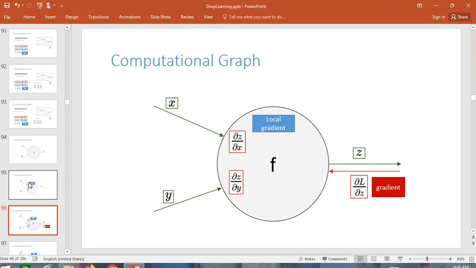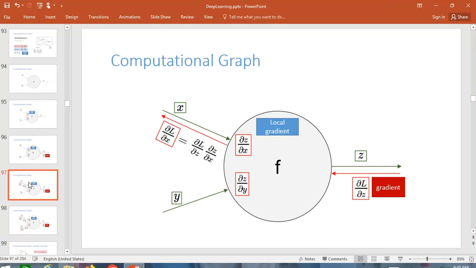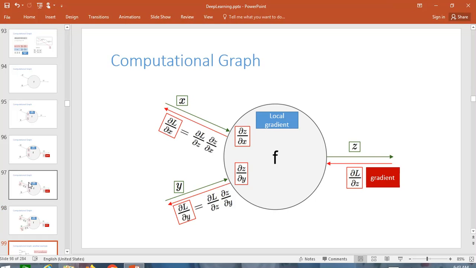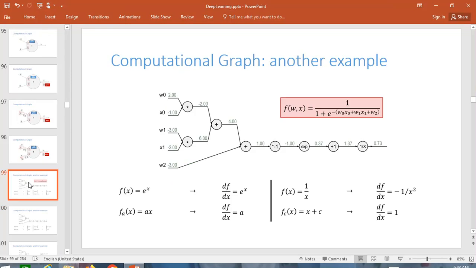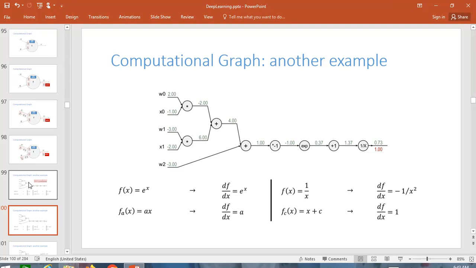So with the help of the chain rule, we multiply the differential relative to the output by the partial differential to obtain the differential relative to the input. Now the point is that these inputs themselves may be the output of another node. It does not matter. Again, in the same way, we calculate the differential with respect to the next inputs.